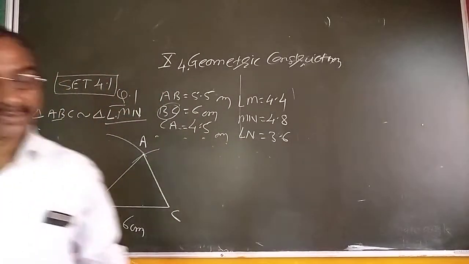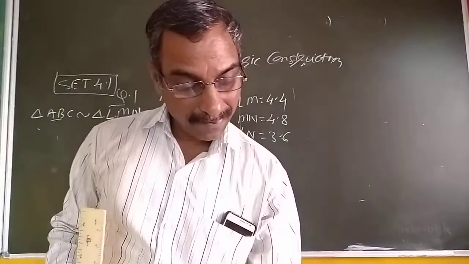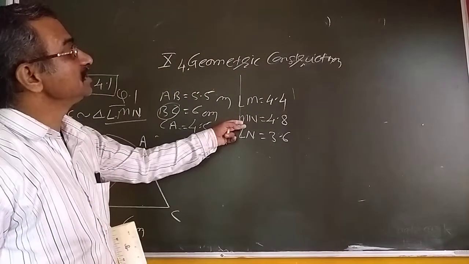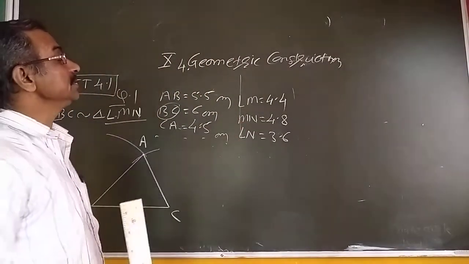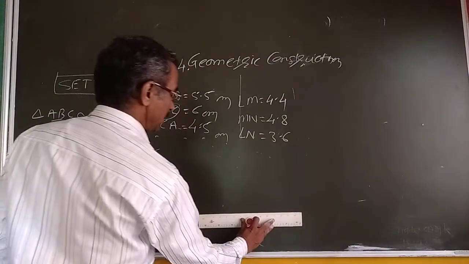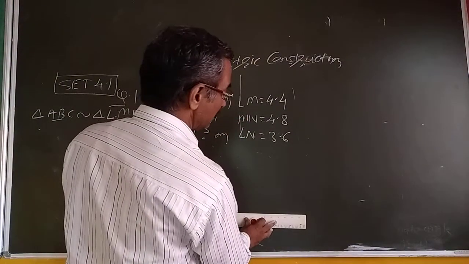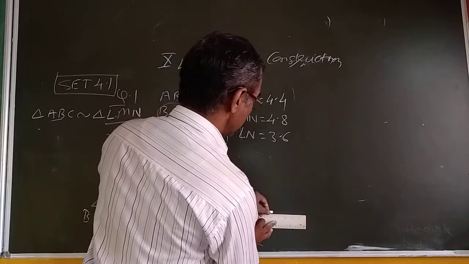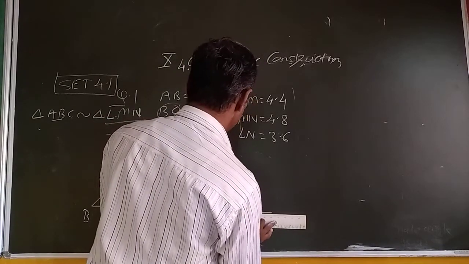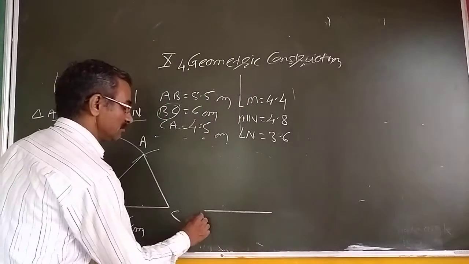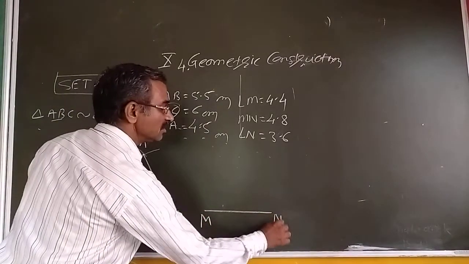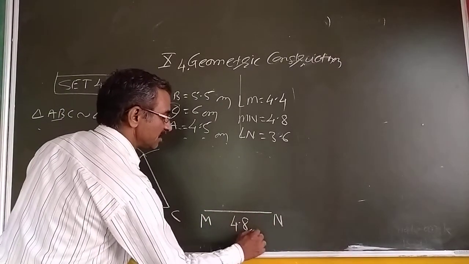As well as we know all the values of the other triangle. So MN is the base. I will draw here the MN, which is 4.8 centimeter.